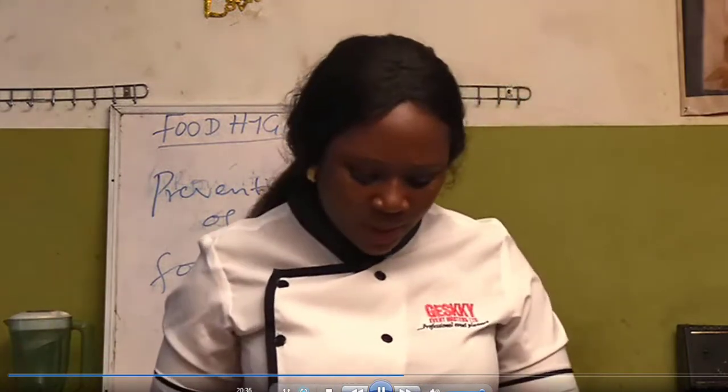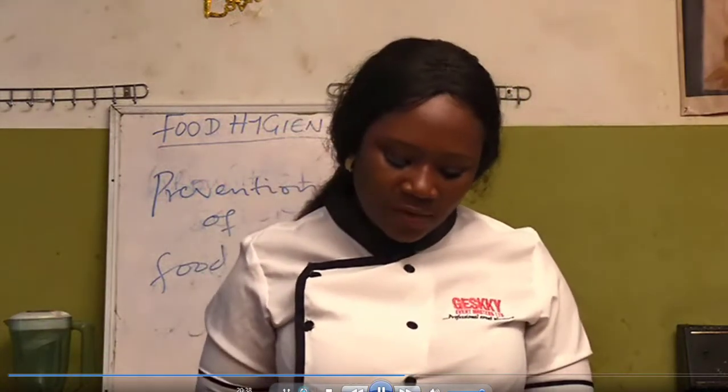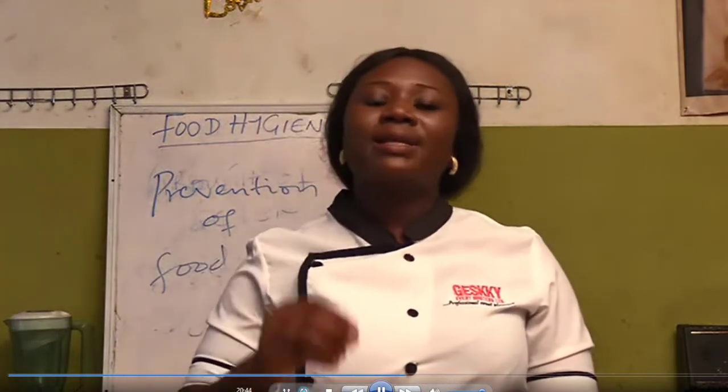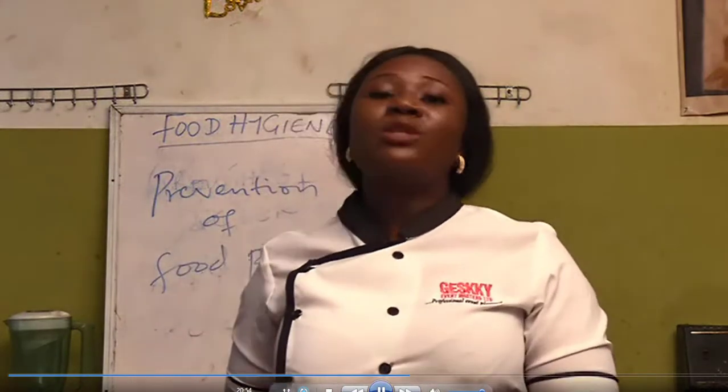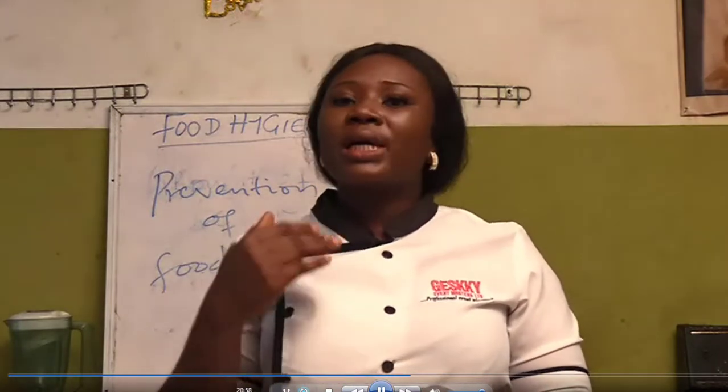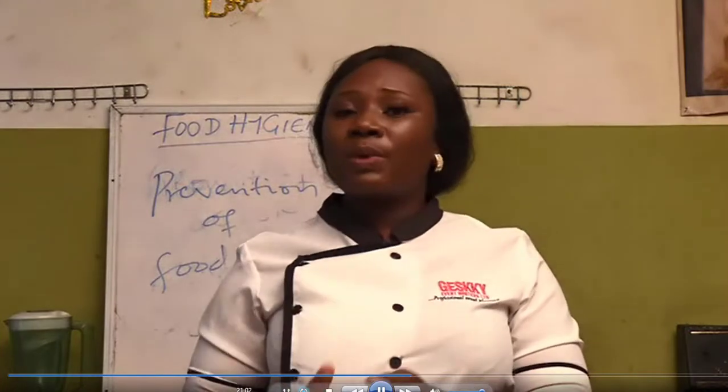You can also prevent food poisoning by ensuring that a high standard of cleanliness is applied to your premises and equipment. Your premises where you prepare your food, and the equipment you are using to prepare your food, make sure that you apply a high standard of cleanliness, always washing. We listed out how to wash some equipment.